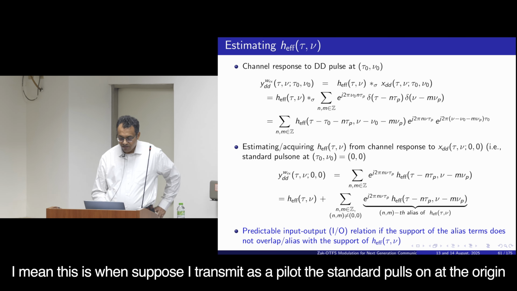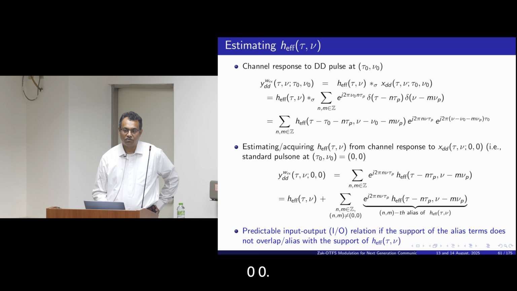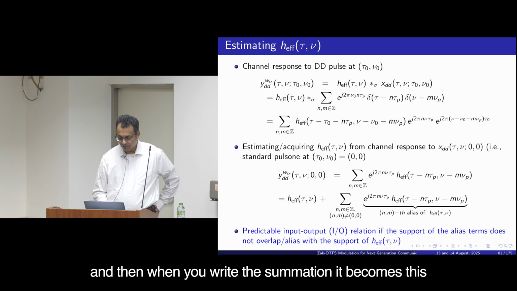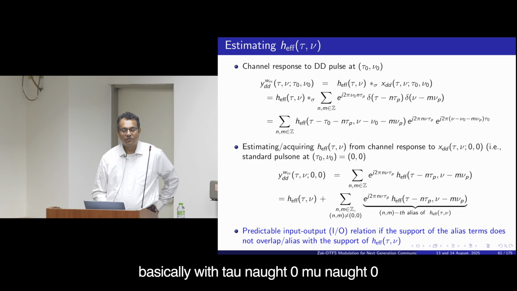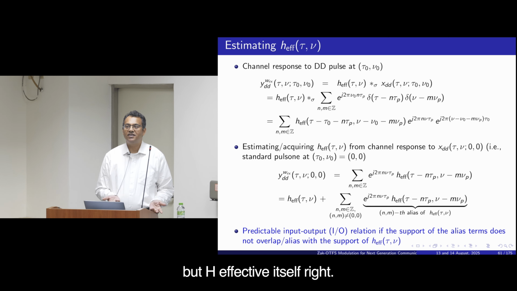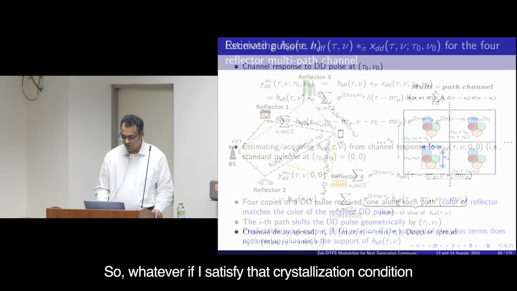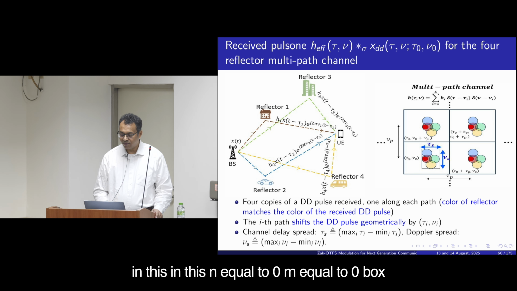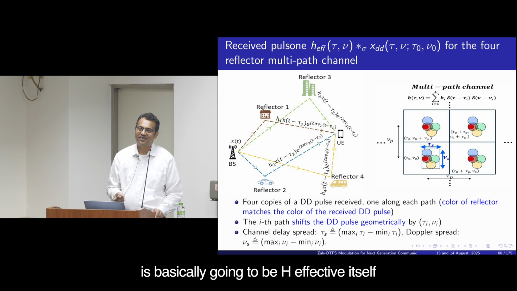Suppose I transmit as a pilot the standard pulse at the origin 0 0. So tau naught is 0, nu naught is 0, and then when you write the summation, if I take the first term here, it is nothing but H effective itself, right. So if I satisfy that crystallization condition, then what I am going to receive in this n equal to 0, m equal to 0 box is basically going to be H effective itself.